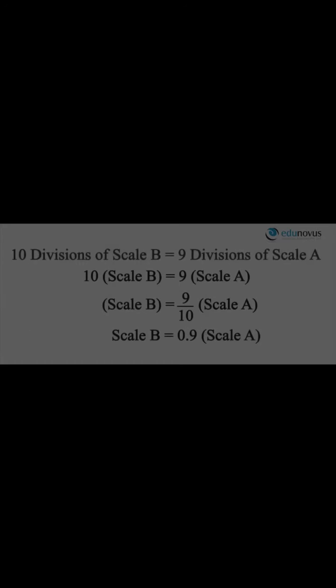Then 10 divisions of scale B is equal to 9 divisions of scale A. 10 into B is equal to 9 into A. B is equal to 9A by 10. B is equal to 0.9 divisions on scale A.